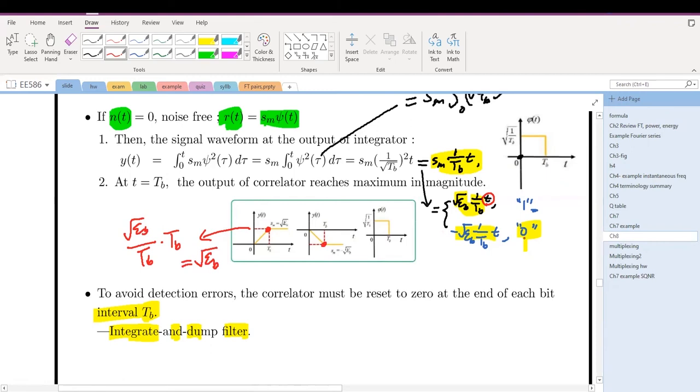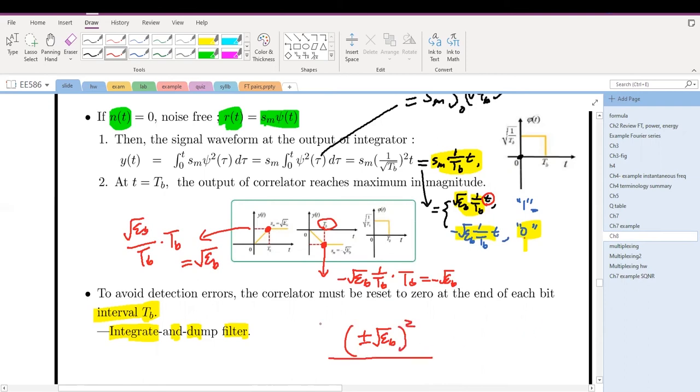If digital 0 is transmitted at Tb, this value equals minus square root Eb times 1 over Tb multiplied by Tb, that equals minus square root Eb. So therefore, at the output of the correlator at Tb, the signal is either plus or minus square root Eb. We take the square, and that's the signal power.